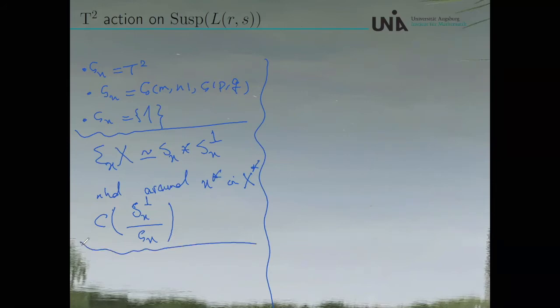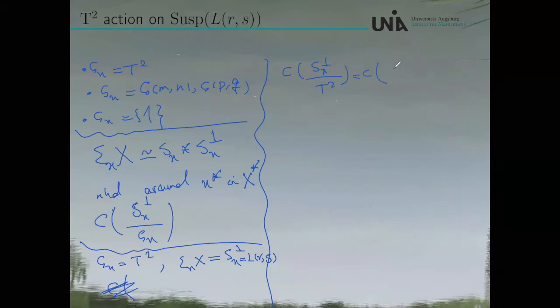For example, if Gx is T2, then the space of directions is equal to the normal space of directions, and this is the length space. And therefore the cone over Sx perp mod T2 is the cone over the length space mod T2.